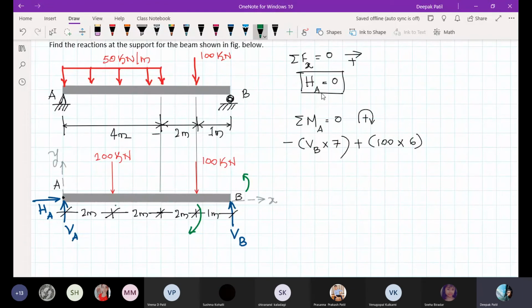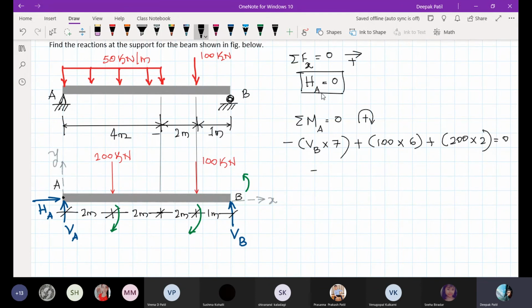This 200 kilonewton also will cause a clockwise movement, so you should write it as plus 200 multiplied by the perpendicular distance, which is only 2 meters. And you know that the moment of VA and HA at point A will be 0, so no need to take them into consideration. I'm equating this to 0.